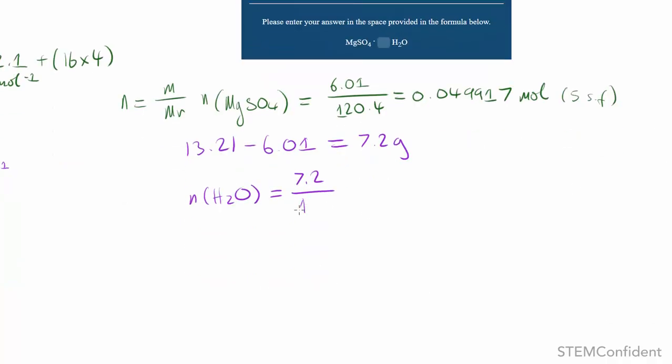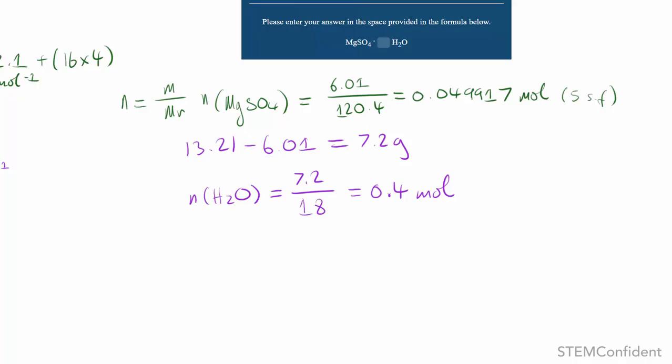So that's 7.2 divided by 18, and that gives us a number of moles of 0.4. Okay, 0.4 moles.